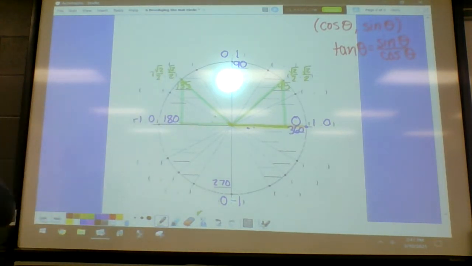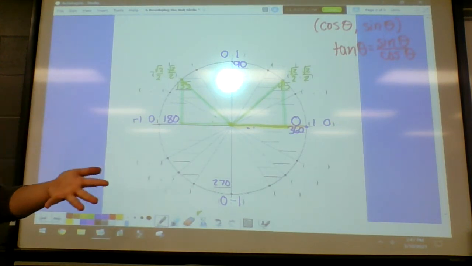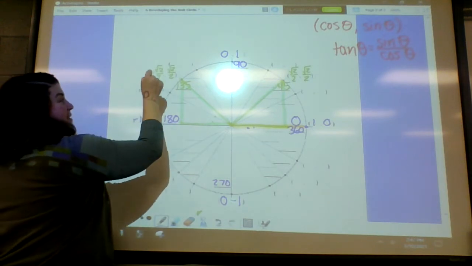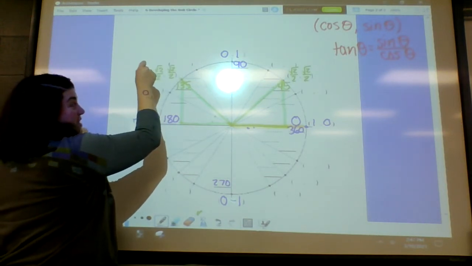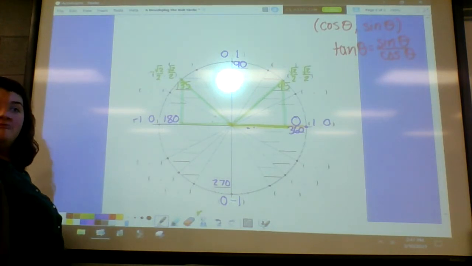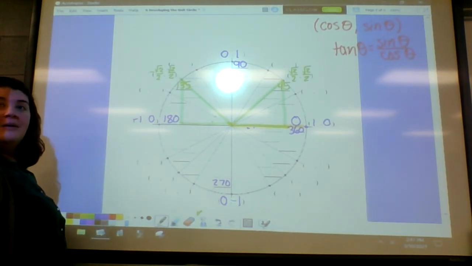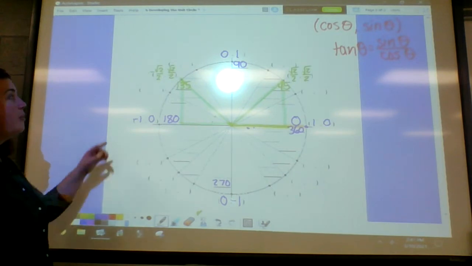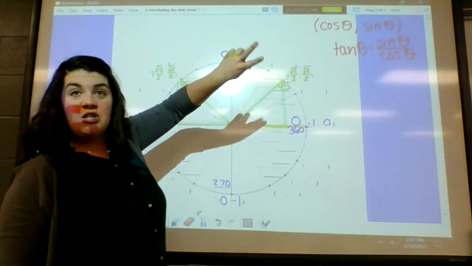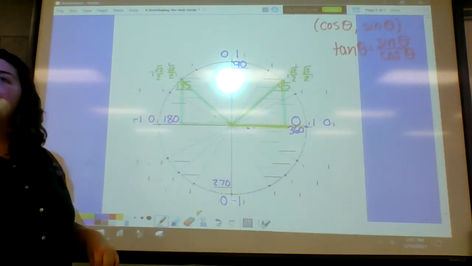If I asked for the secant, that's the reciprocal of cosine. It would be the reciprocal of this, and because this is negative, your secant is also negative, so it'd be negative square root of 2. Because it's in this quadrant, if you're talking about cosine, secant, which is the reciprocal, will also be negative.